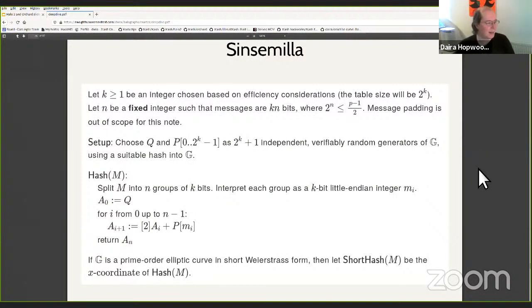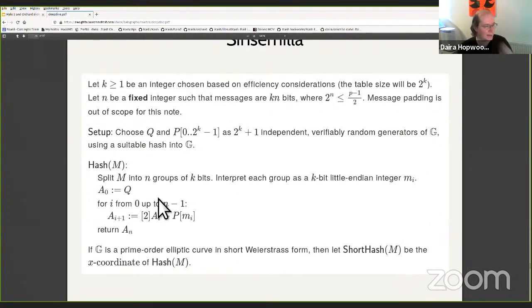So the basic idea here, this is the algorithm. You take your message and you have a table of 2 to the k independent group elements, and you have 1 extra group element.